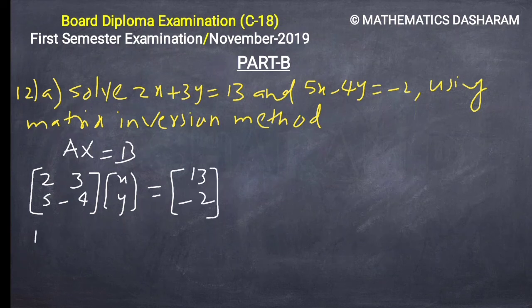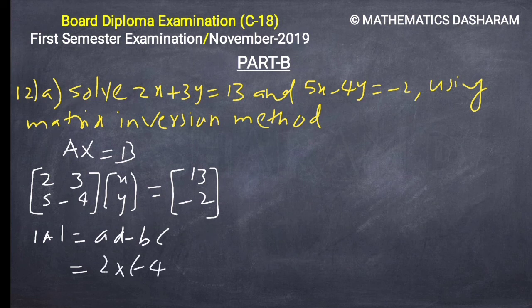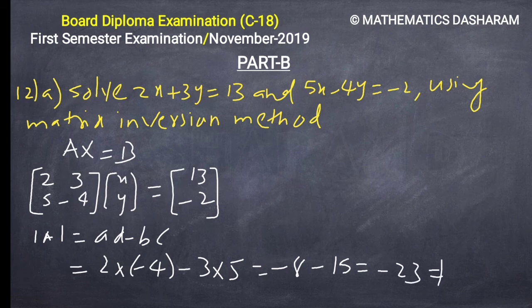First we have to find the mod A value. The formula for mod A is AD minus BC, so 2 into minus 4 minus 3 into 5. 2 into minus 4 is minus 8, 3 into 5 is 15, minus 8 minus 15 is minus 23. It is not equal to 0, so then A inverse exists.